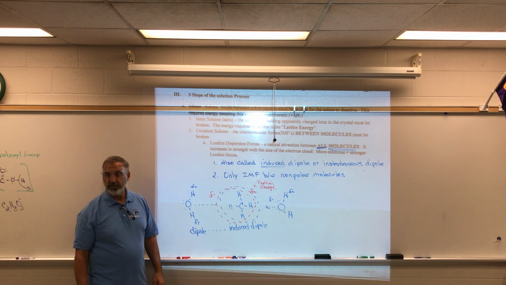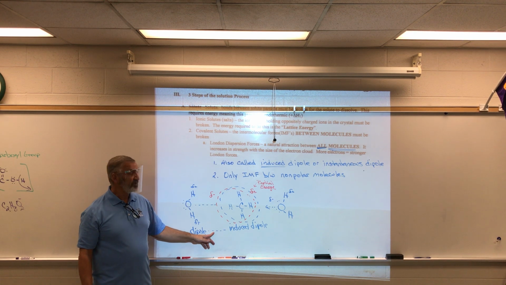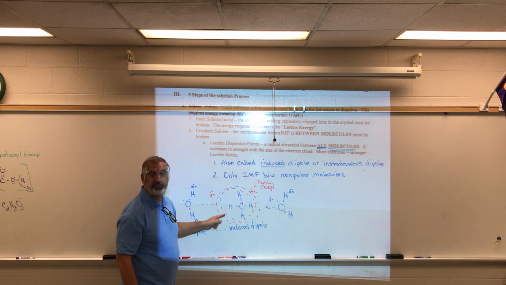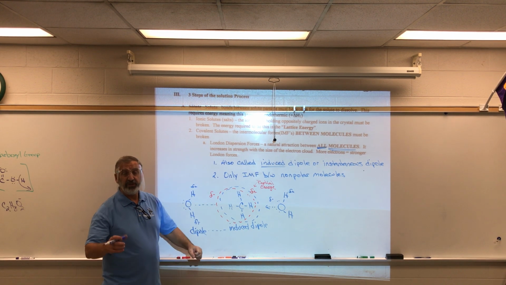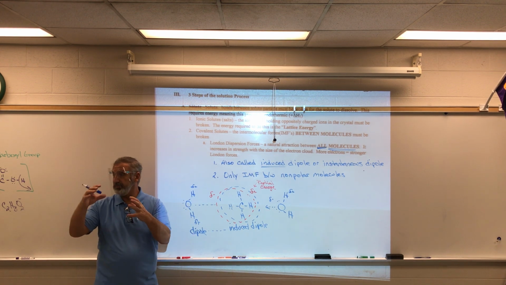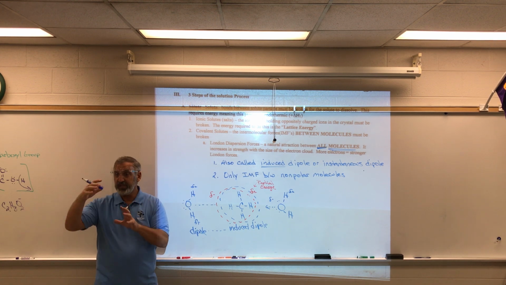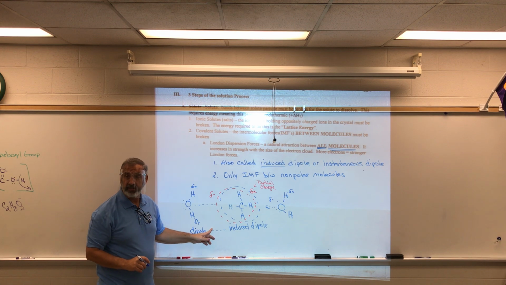Okay? This is going to be extremely weak, because as soon as this bounces off of it, this is going to go back to being symmetrical, which is again why we call it instantaneous. It only lasts for a second. So the electron cloud is constantly shifting and moving and being distorted, but the positive and negative ends are never constant. It's constantly changing, and so the attraction here is very weak.